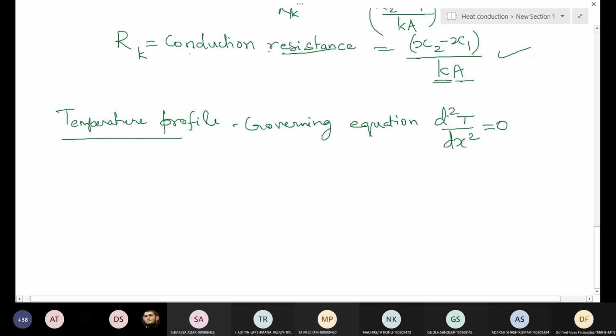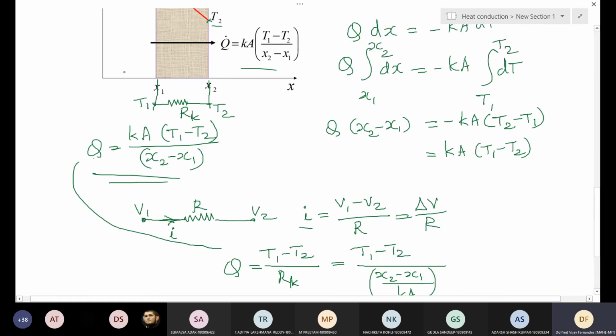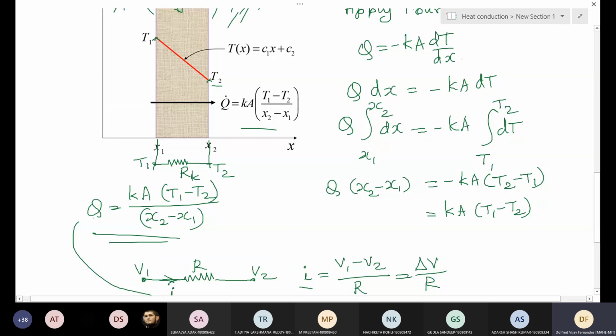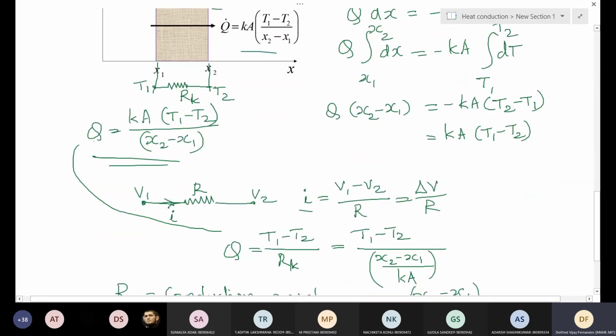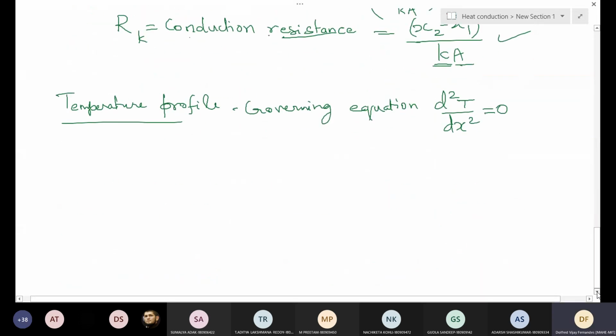To solve this one, we need the boundary conditions, and we have them here. At x equal to x1, we have the temperature T equal to T1, and at x equal to x2, the temperature is T2. So come on, solve the problem.